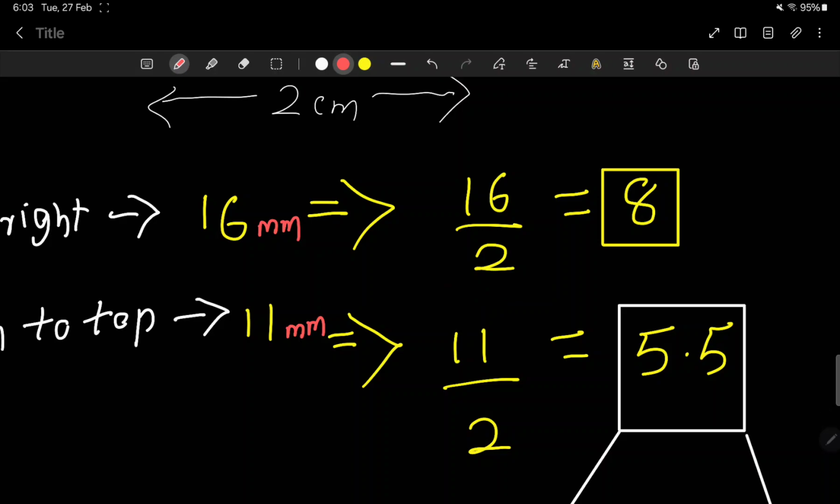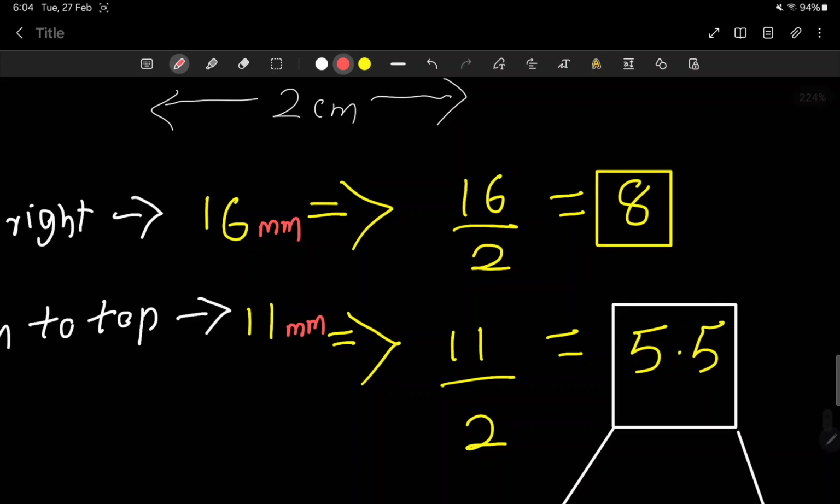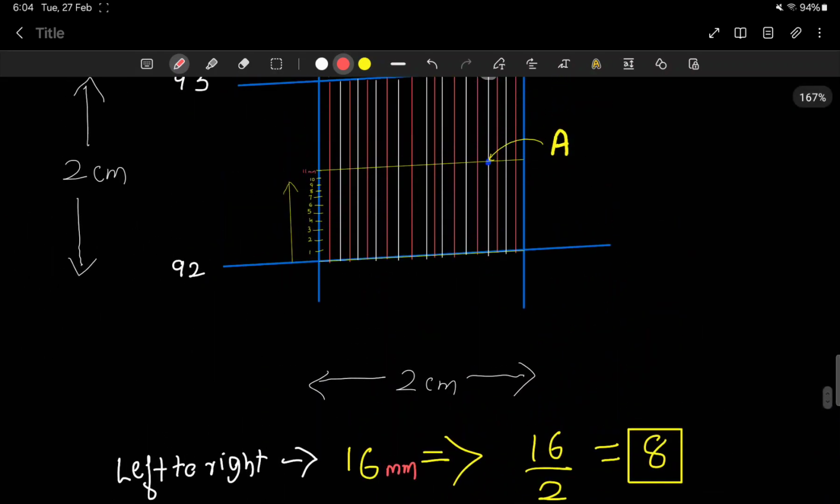Whatever the reading in mm, whether from left to right or from bottom to top, we divide those values by 2. So 16 divided by 2 is 8. 11 divided by 2 is 5.5. Whatever the answer, we'll write it here.